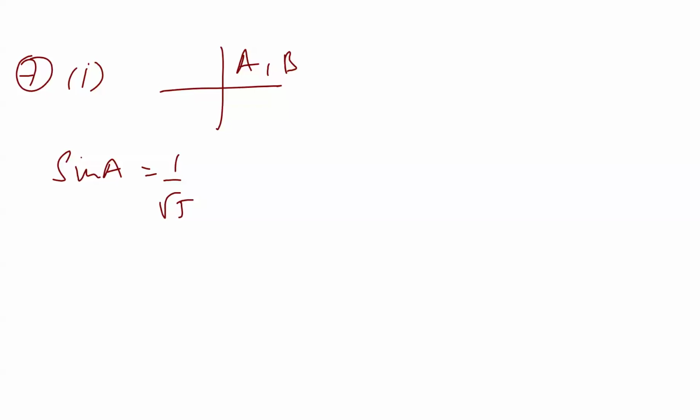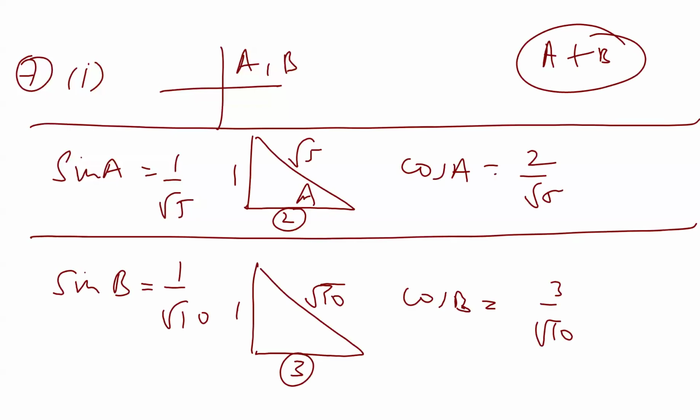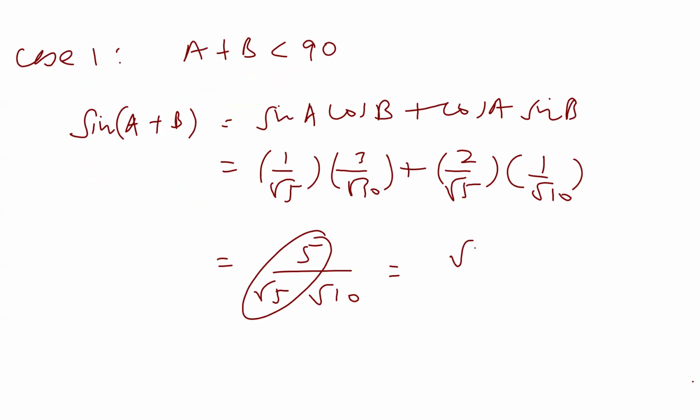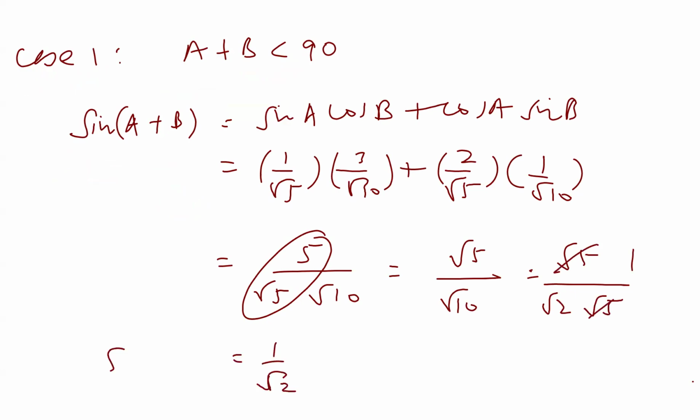Let me just check. Yeah. And 1 by root 10 into 2 by root 5. So 3 plus 2 is 5 over root 5 root 10. We took LCM. 5 upon root 5 is root 5. Root 10, I'll write as root 2 into root 5. So this is gone, 1 by root 2. So sin A plus B is 1 by root 2, which is equal to sin 45.